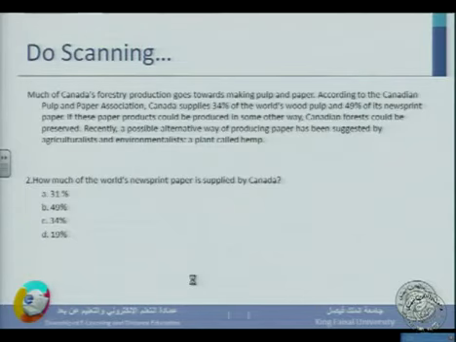Okay, let's do another example on scanning. So today we have a scanning skill. You need to pay attention and follow the same steps that I do. Notice now, I'm not going to read the paragraph. I'm going to read the question. The question is, how much of the world's newsprint paper is supplied by Canada?